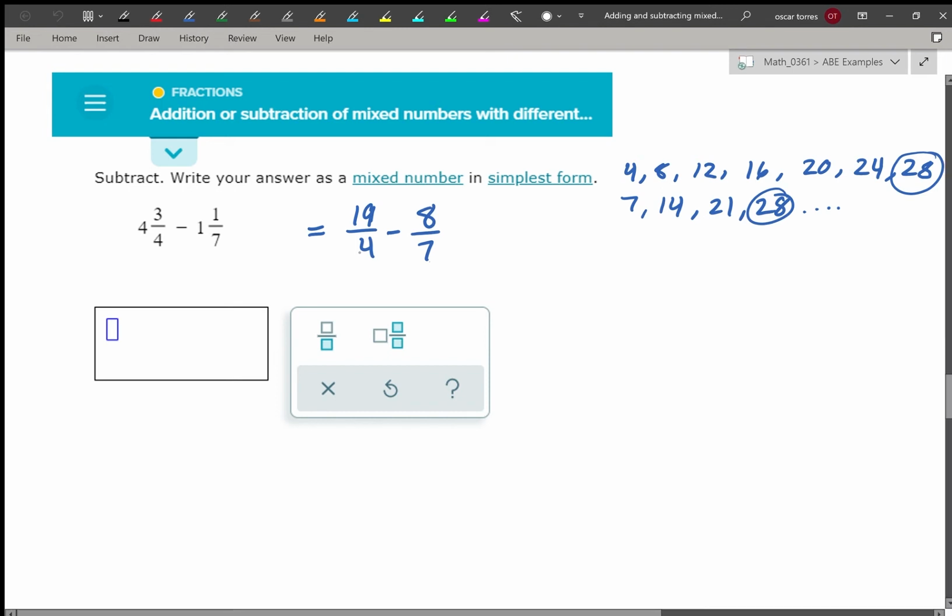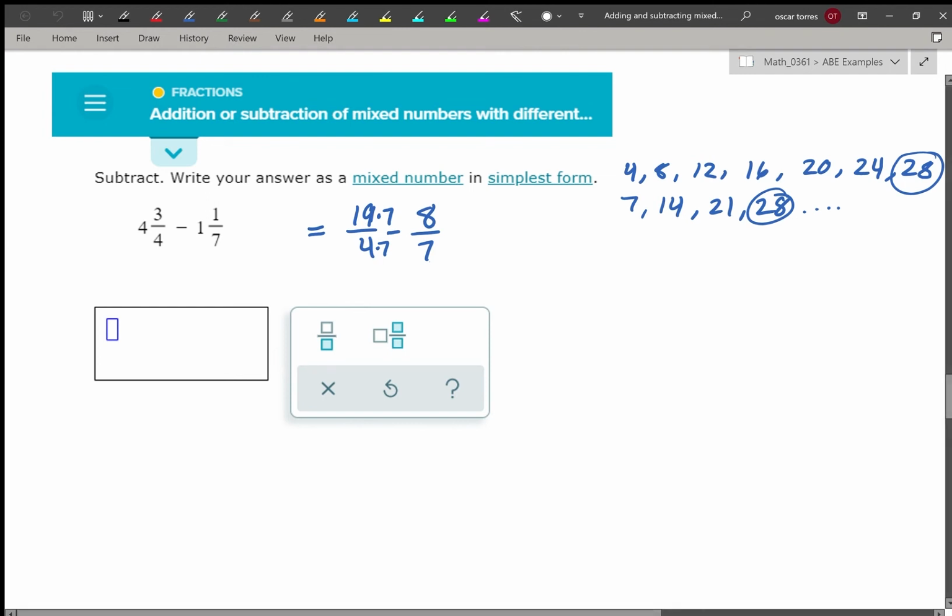So how do we turn the 4 into a 28? Well, we need to multiply it by something. What do we multiply it by? We need to multiply it by 7. What I do to the denominator, I do to the numerator as well. So these numbers are quite big. 19 times 7.